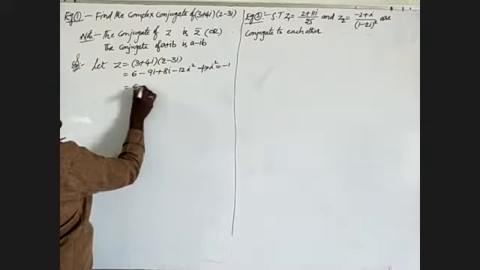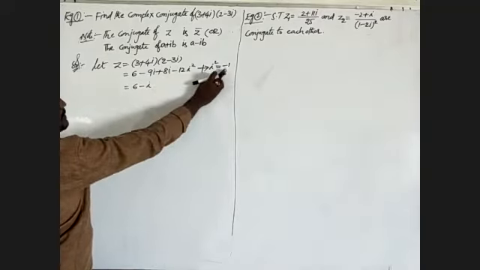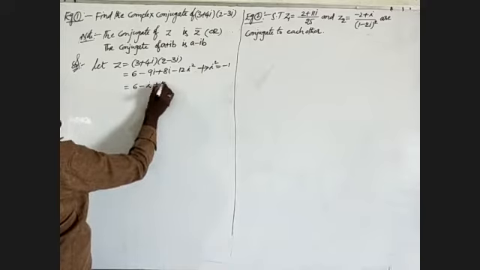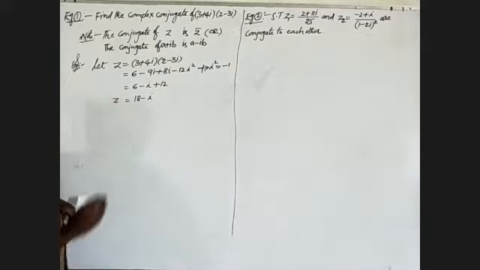That means 6 - 9i + 8i, and -12 × i² becomes -12 × -1, minus into minus is plus, so it is 18 - i. This is the given value Z.